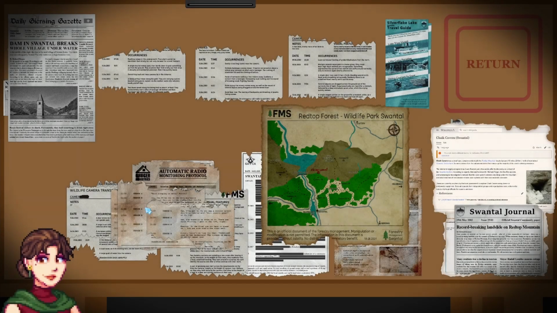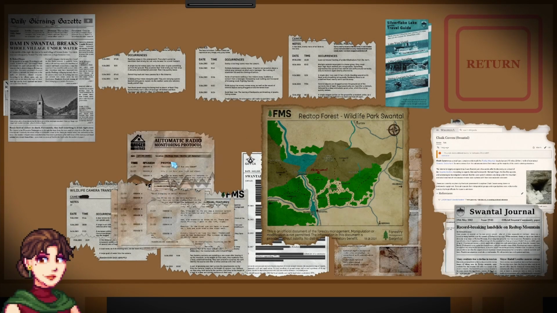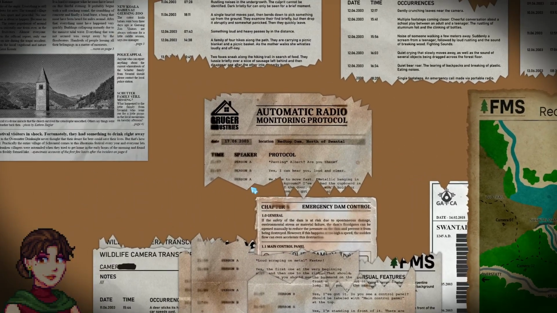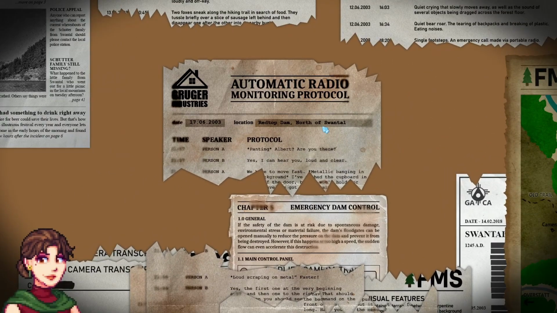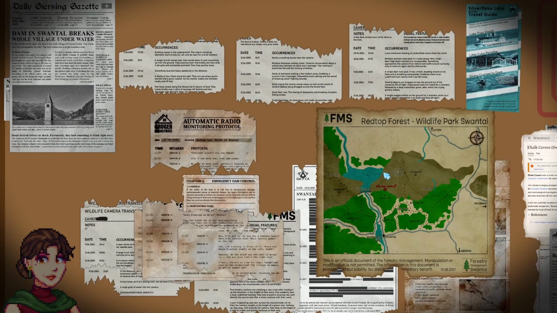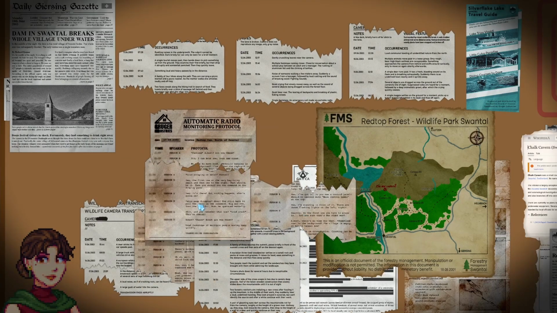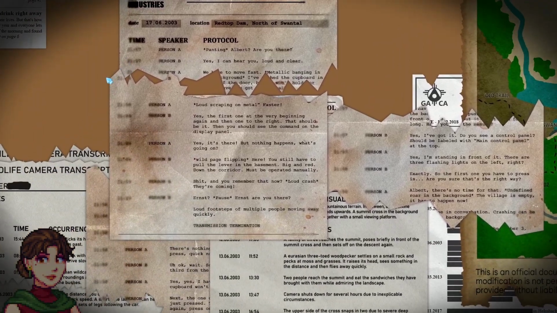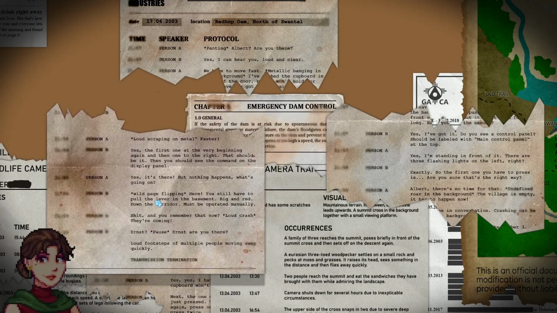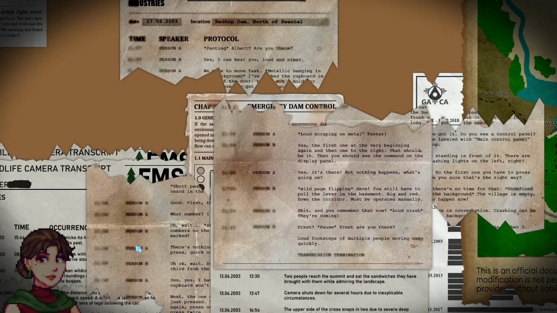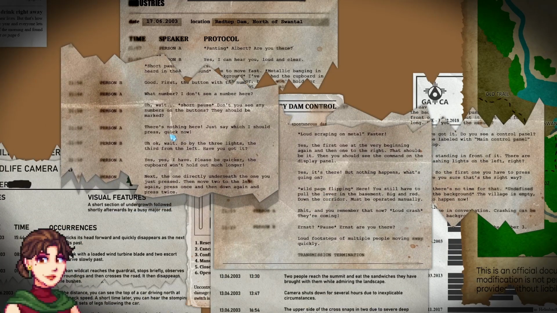Okay, maybe... what's the radio log called? Maybe I can... Automatic radio monitoring protocol. Location Red Top Dam. Because where did that end? Do we even have a single time that's open?